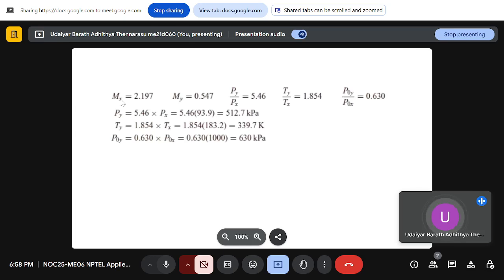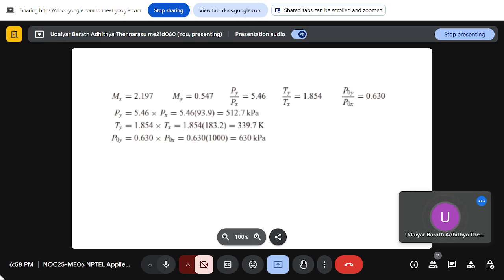So the upstream Mach number is 2.197, the downstream Mach number is 0.547, and the ratios are Py by Px is 5.46, Ty by Tx is 1.854, and P0y by P0x is 0.63. These ratios are given from the table. So from this I can now estimate the downstream pressure.